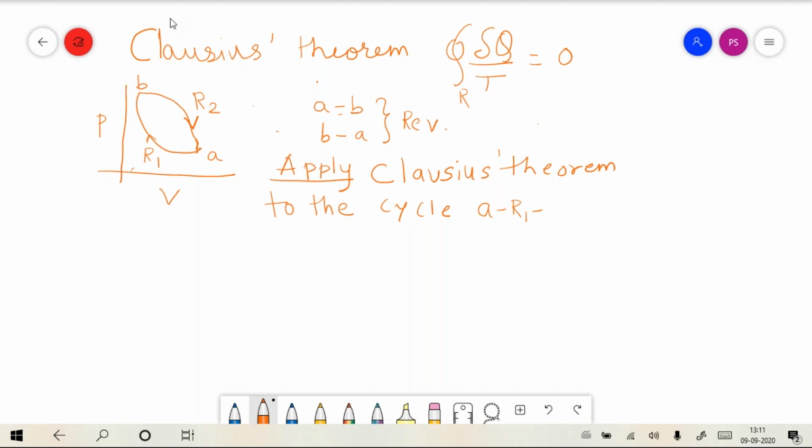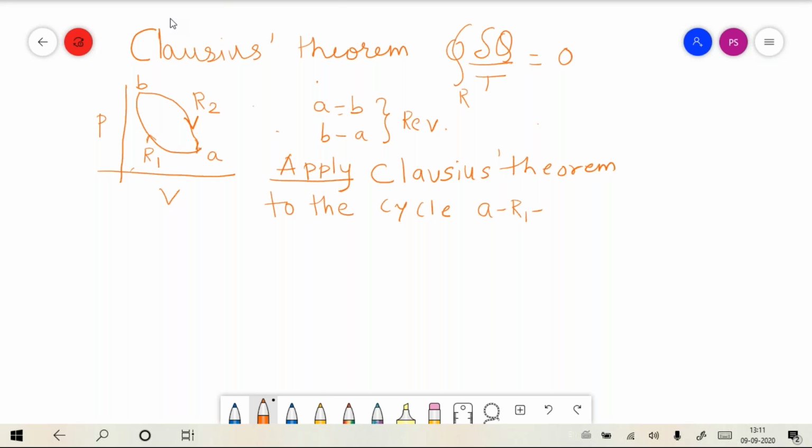It is the same as the integral of del q by T via the path R1 from A to B, plus the integral of del q by T back to A via path R2.